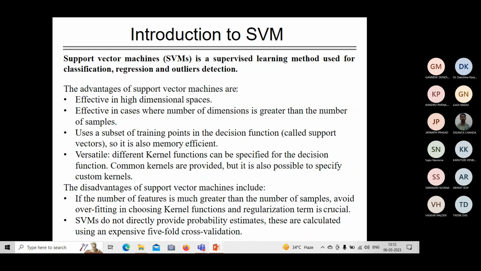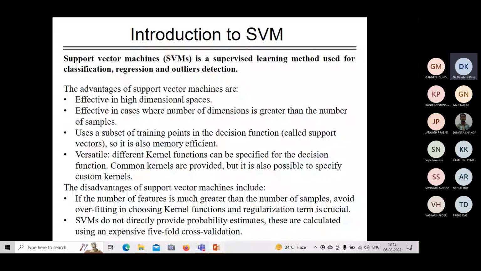The number of dimensions here means the number of feature dimensions. So this is found to be effective where the number of feature dimensions is greater than the number of samples.